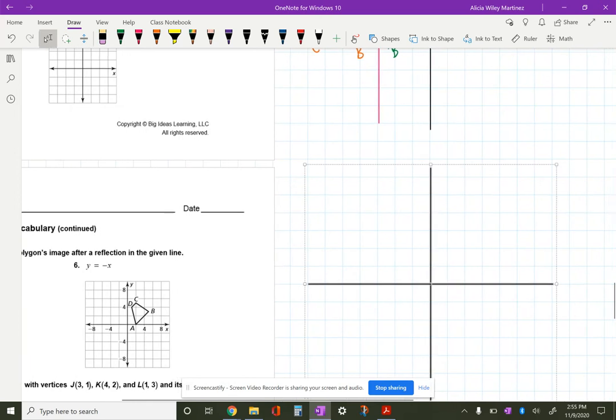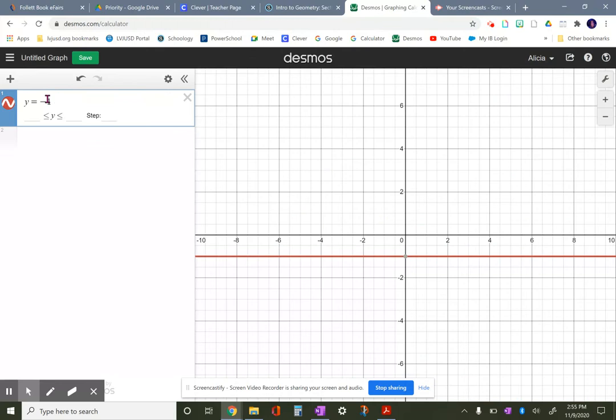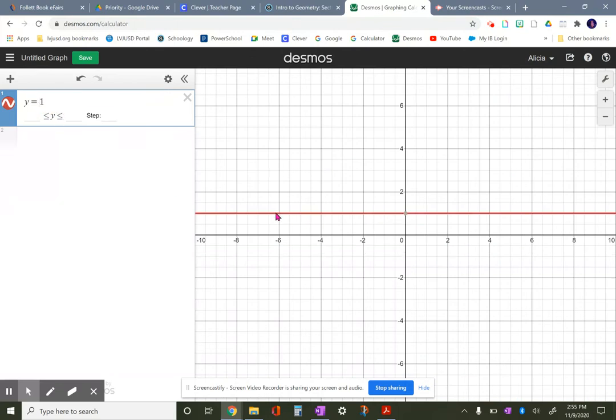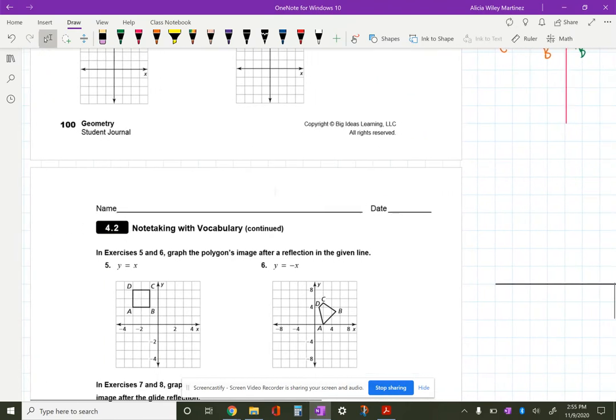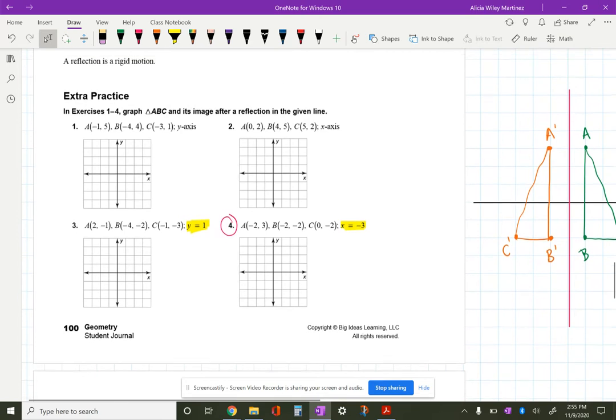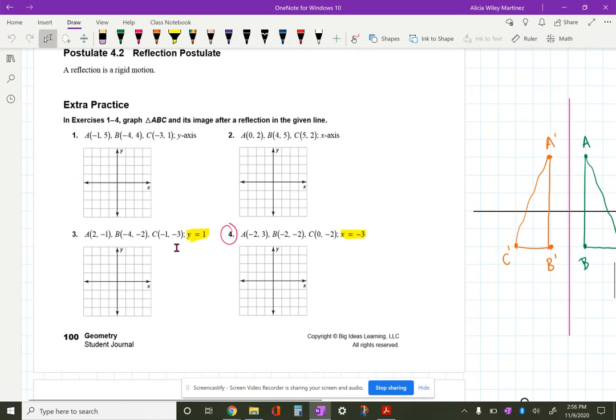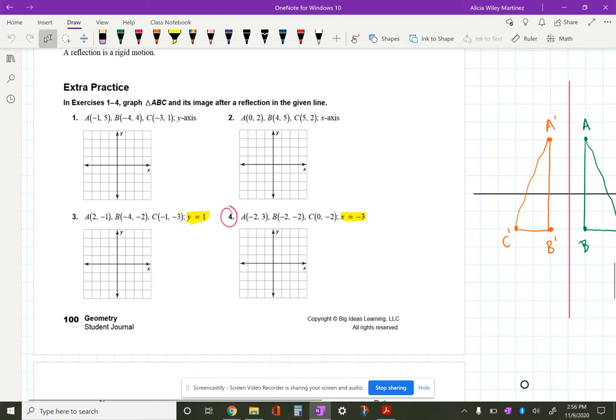So the only thing that would be different, if I'm looking at Desmos, is that my line of symmetry is going to be a horizontal line going through y equals 1. So I would start that problem by drawing my line of reflection and then plotting my points, A, B, and C, and then reflecting them to get A prime, B prime, and C prime.